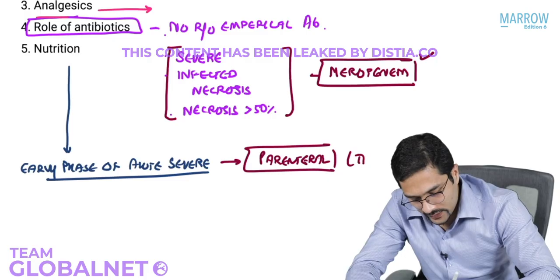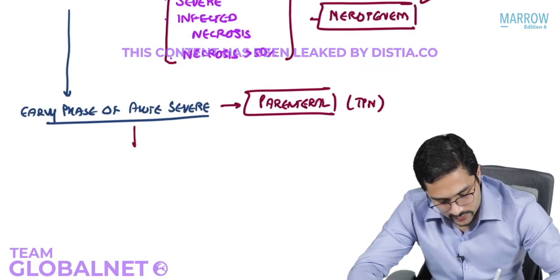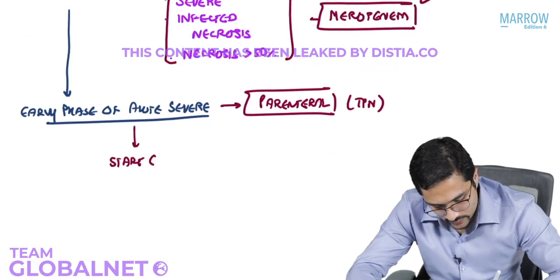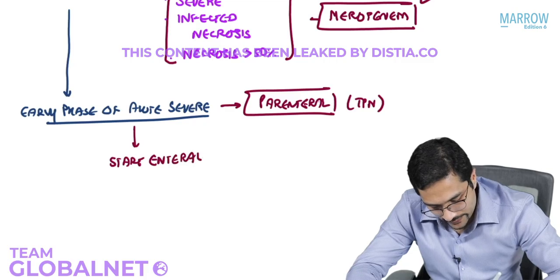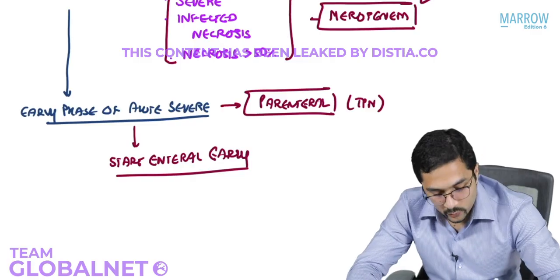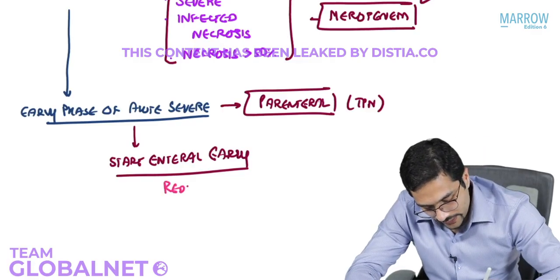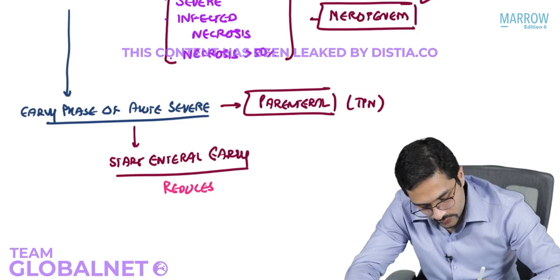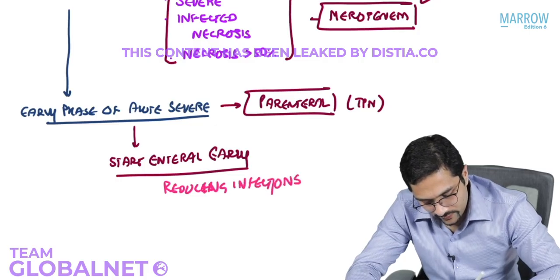That means we can use TPN, but we should start enteral nutrition early. And by starting enteral nutrition early, what are we doing? We are reducing the infectious complications. We are reducing infections. And how are we reducing infections?